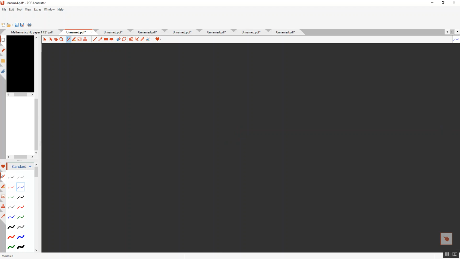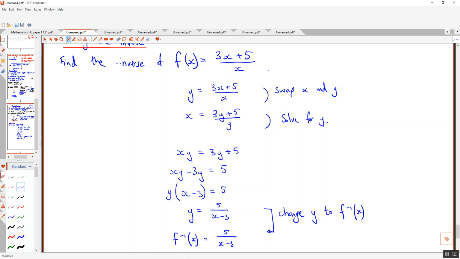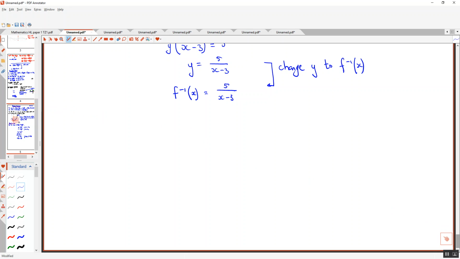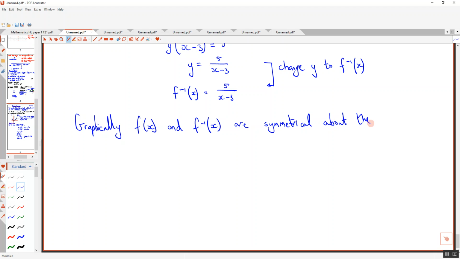Graphically, f of x and the inverse are symmetrical about the line y equals x.